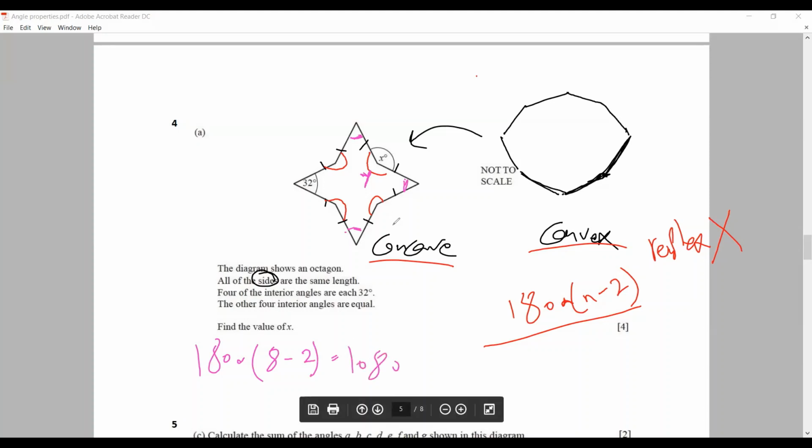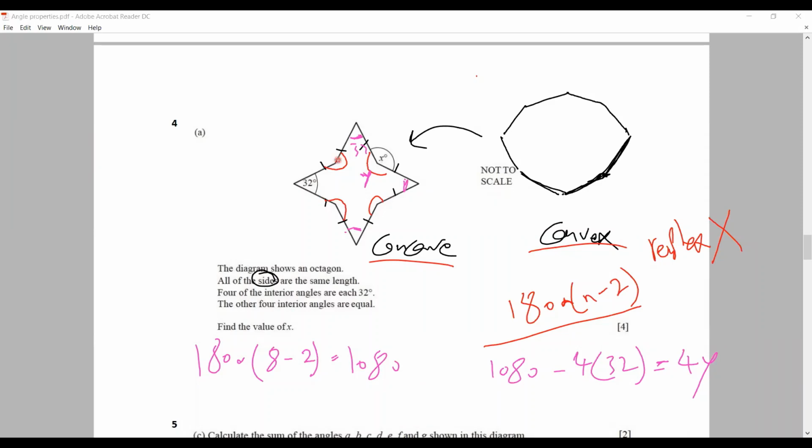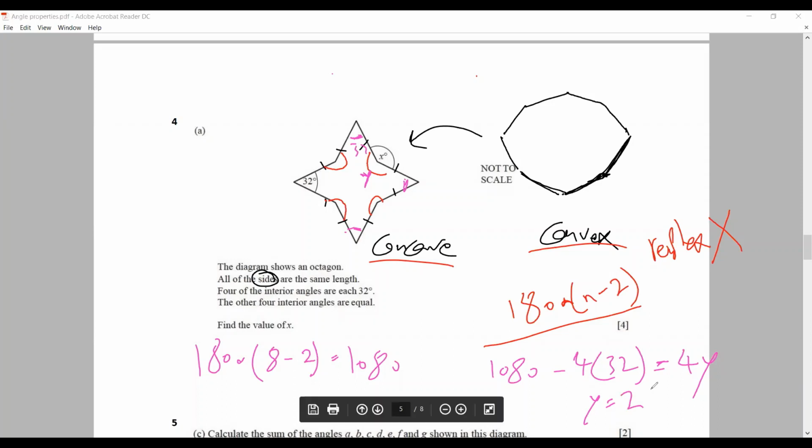So 1080 minus 4 times 32 gives me 4y. So the remaining, I have 4y, and 432 should add up to 1080. So y is 238.